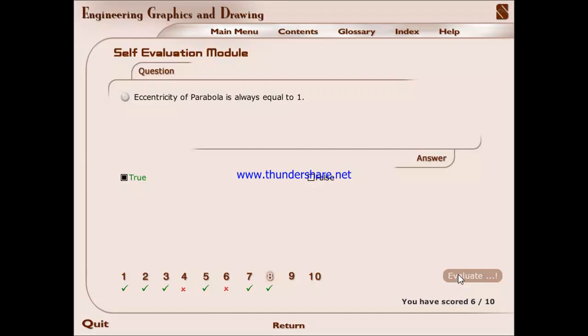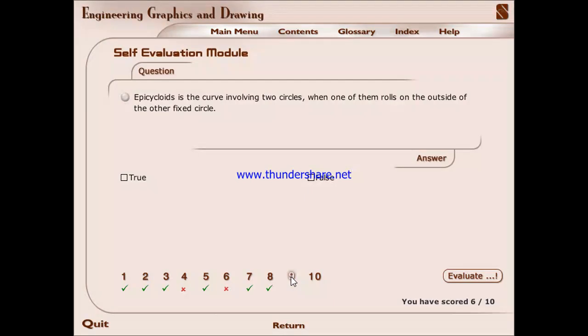Now move to the next question, ninth. An epicycloid is a curve involving two circles when one of them rolls on the outside of the other fixed circle. This is also true.